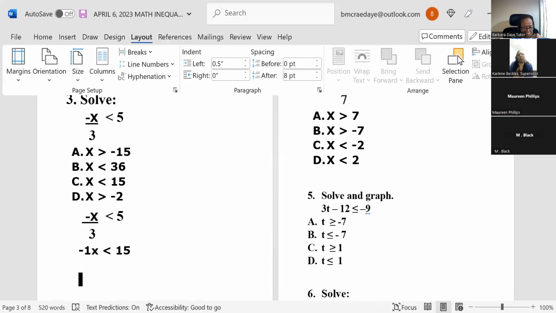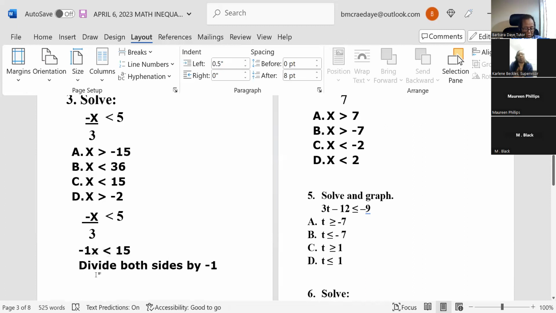So what's your next step? Divide both sides by -1, right? And what does that give you then, Mercedes? That will give me x. Okay, very good.